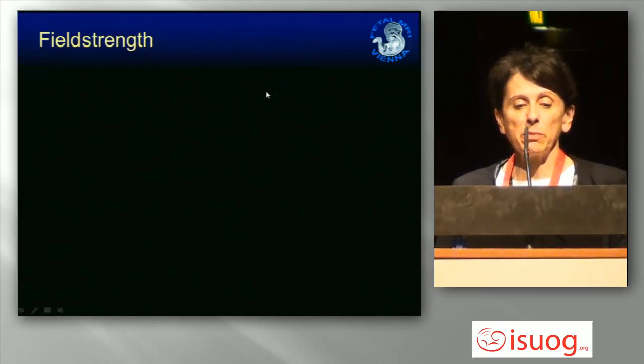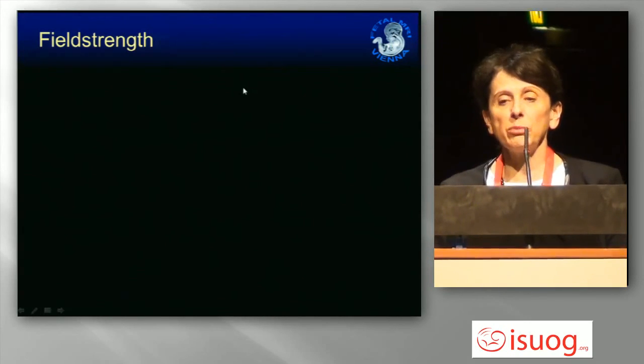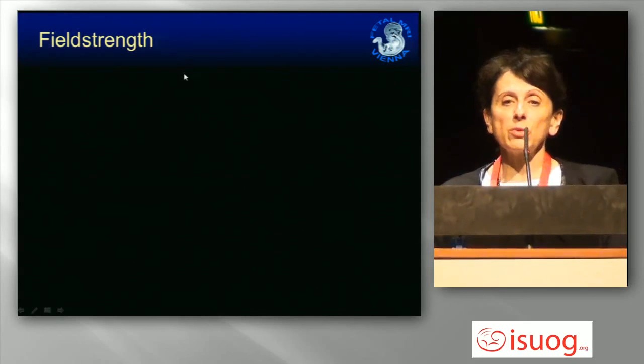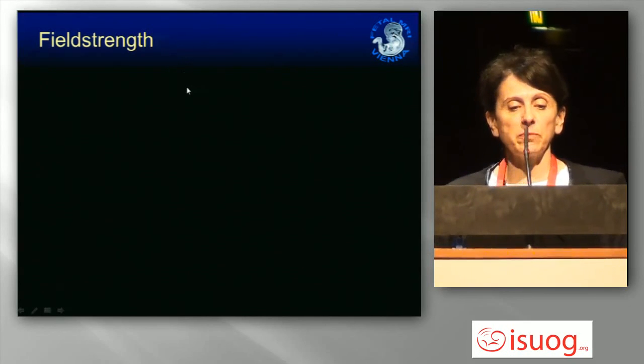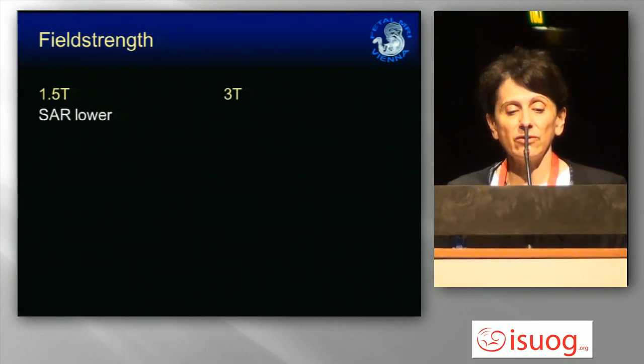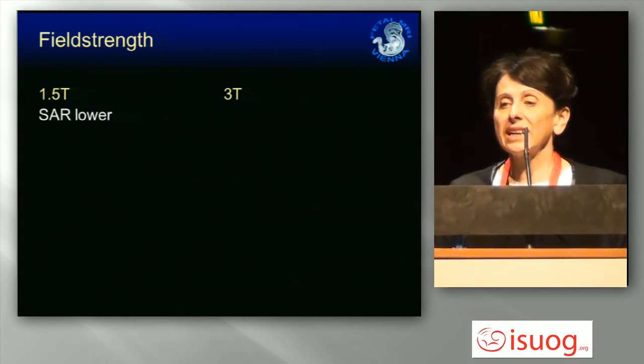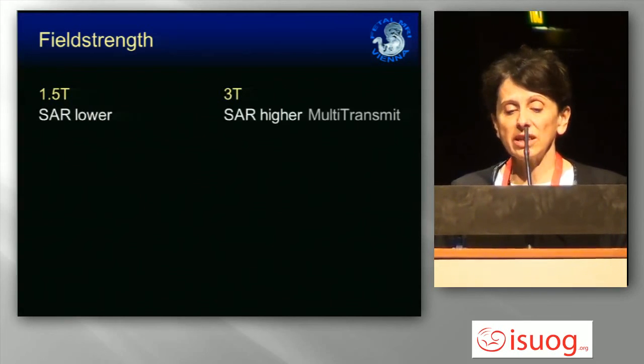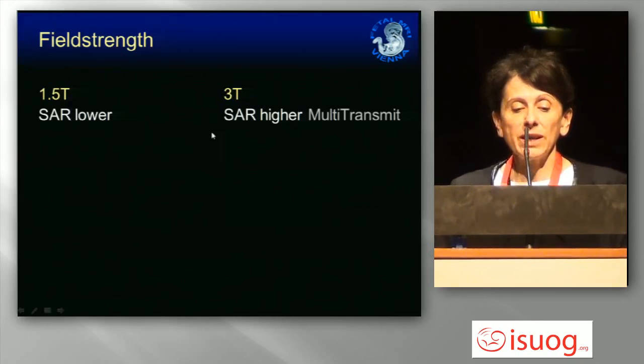Last point, field strength. Perhaps you heard, usually we use 1.5 Tesla because we know it is fine, the patients feel good, but we also know from our postnatal experience that higher field strength sometimes gives better resolution, and so it was tried, and is tried in many centers, to go to higher field strength.